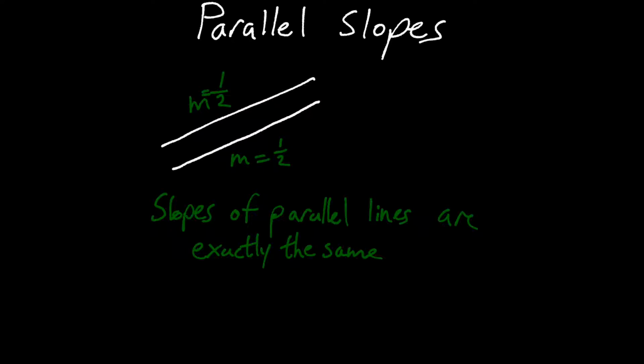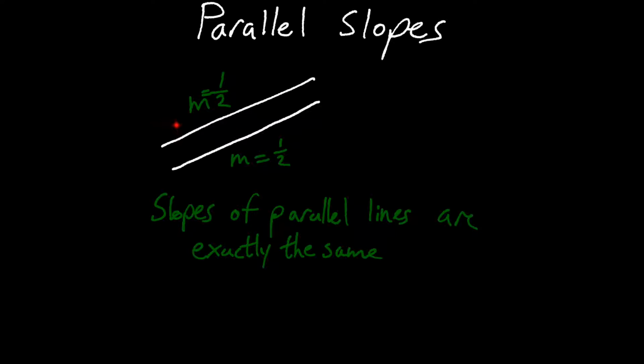And that makes sense. We said that they will never intersect each other, they'll never cross, and they never get closer or farther apart. Well, slope determines how steep it is. How is it changing from left to right? And for that to happen, for them to never get closer or never get farther apart, they have to be changing at the same rate. They have to be changing the same amount.